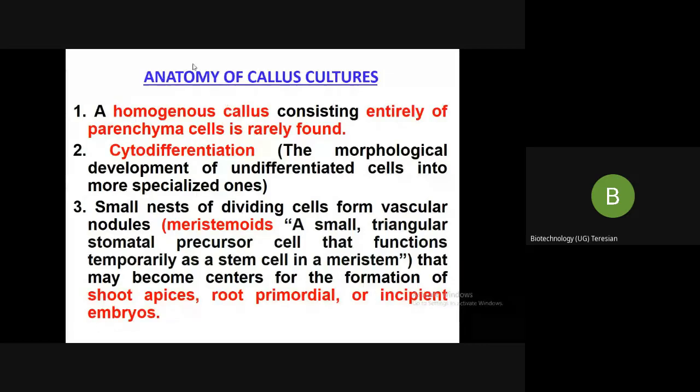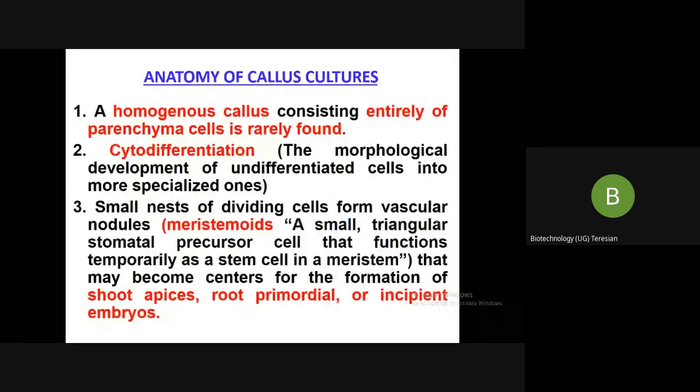A homogeneous callus consisting entirely of parenchymatous cells is rarely found. We can't find an entire callus truly having only parenchymatous cells. There is some sort of differentiation. Like I told you, tracheal cells are present in the callus. So that is the meaning of the first sentence. They cannot be truly parenchymatous.